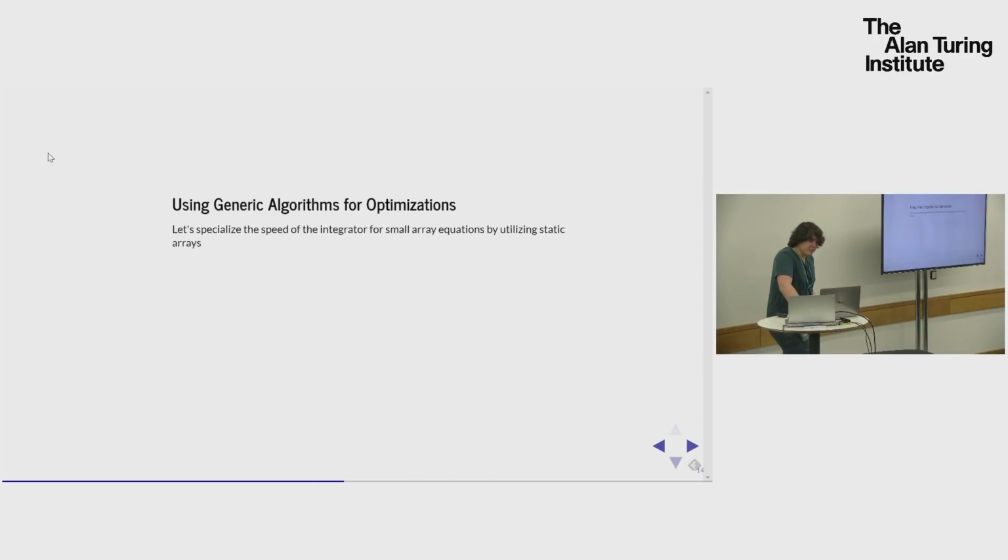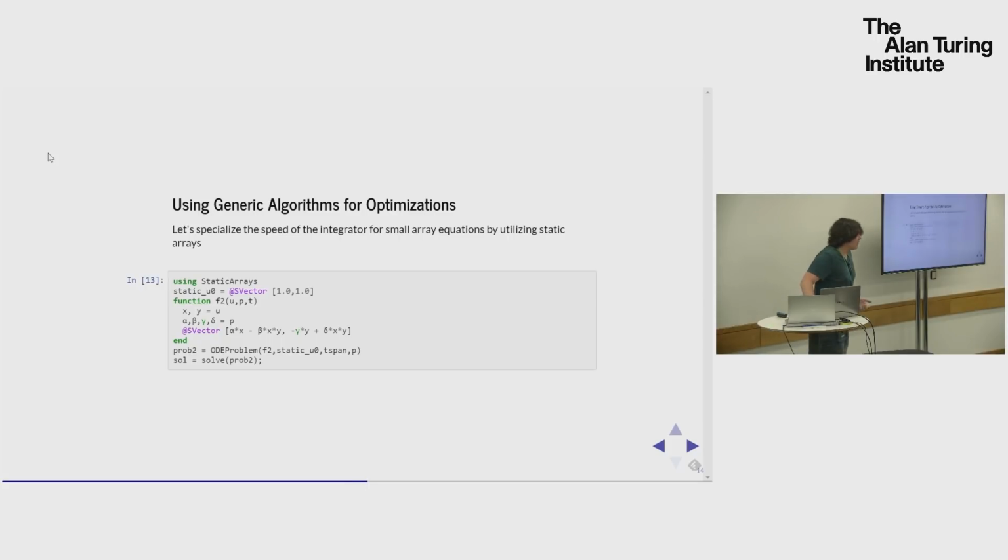So let's talk about some things that we can do that are very special with Julia. We can get more optimizations through our generic algorithms. So if you've ever heard of something called static vectors, these are vectors which are not actually heap allocated. They're not your normal vector.